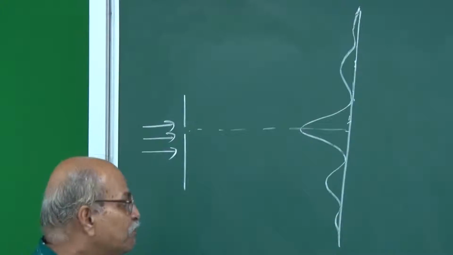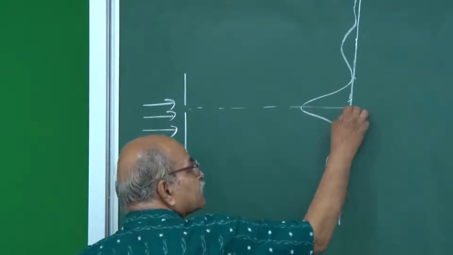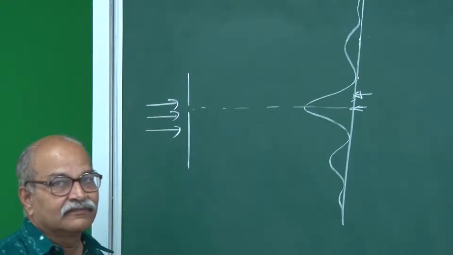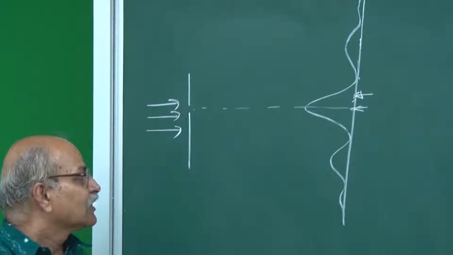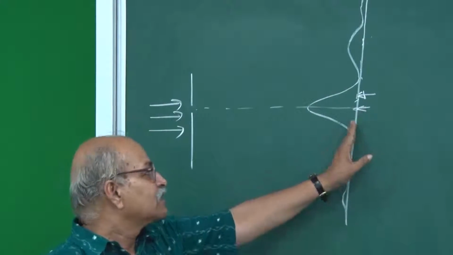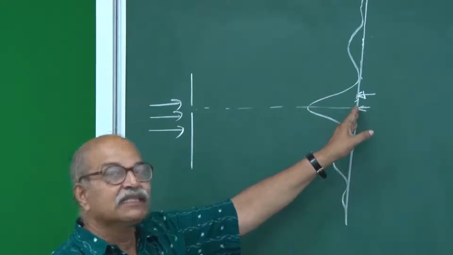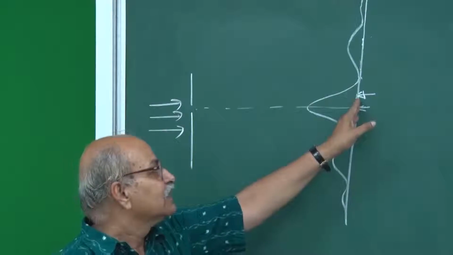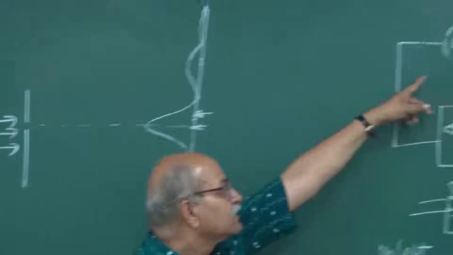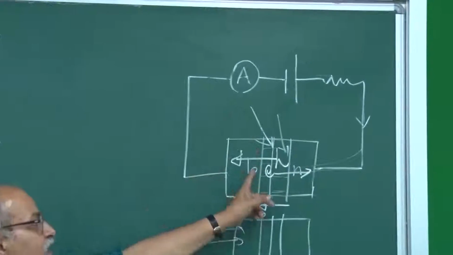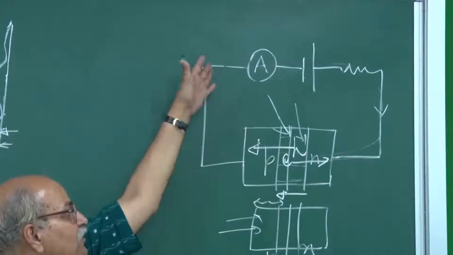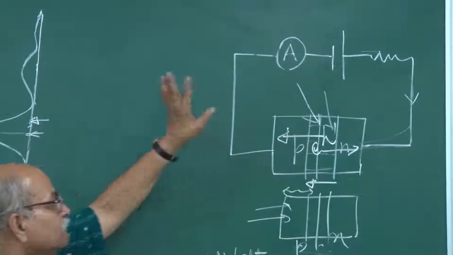Now, if I want to measure the intensity here and the intensity here, what do I do? In principle, I can put a photodiode here and shift this photodiode in small steps in this direction. And every time I can measure this reverse bias current. The photodiode is connected to a battery, a resistance, an ammeter and all that, whatever current meter.